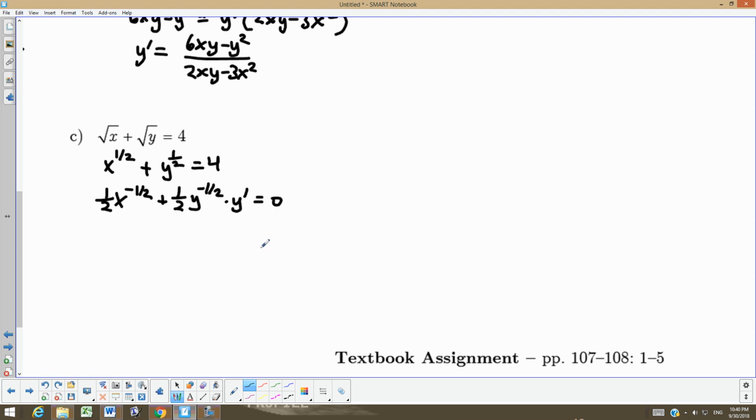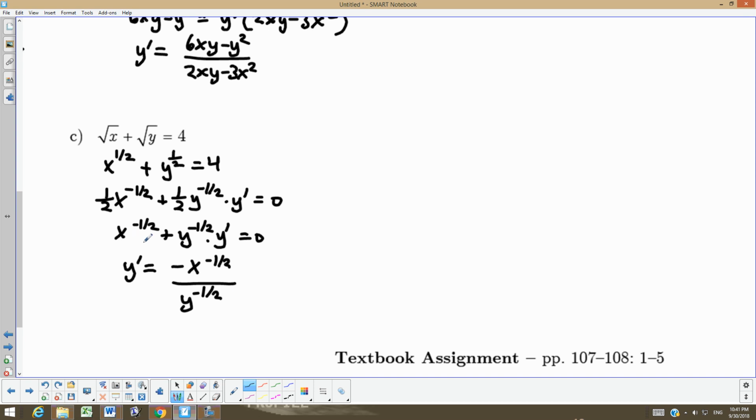Certainly we can divide out the halves, so the halves are gone. And so I'm just left with x to the negative half plus y to the negative half y prime equals 0. And then isolating, I get y prime is equal to negative x to the negative half divided by y to the negative half.